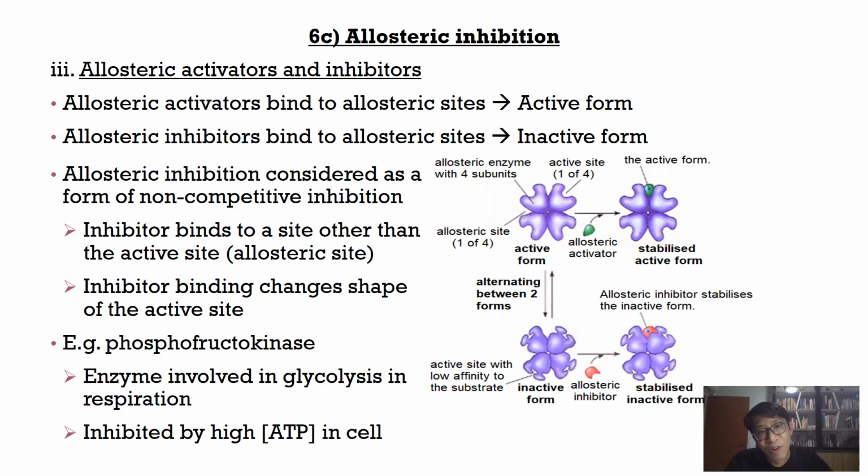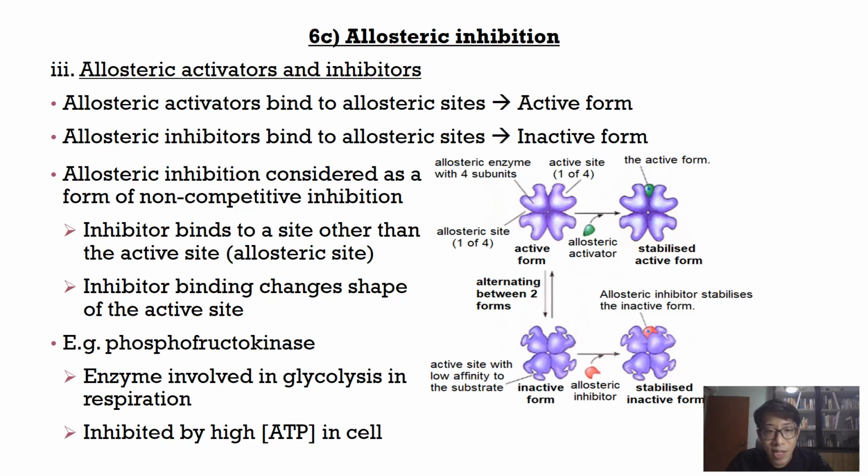Okay, so an example of allosteric enzyme and allosteric inhibition would be the enzyme Phosphofructokinase, which is involved in cellular respiration, and more specifically in the process of glycolysis. It is inhibited by ATP, which serves as an allosteric inhibitor when ATP concentration is high in the cell.